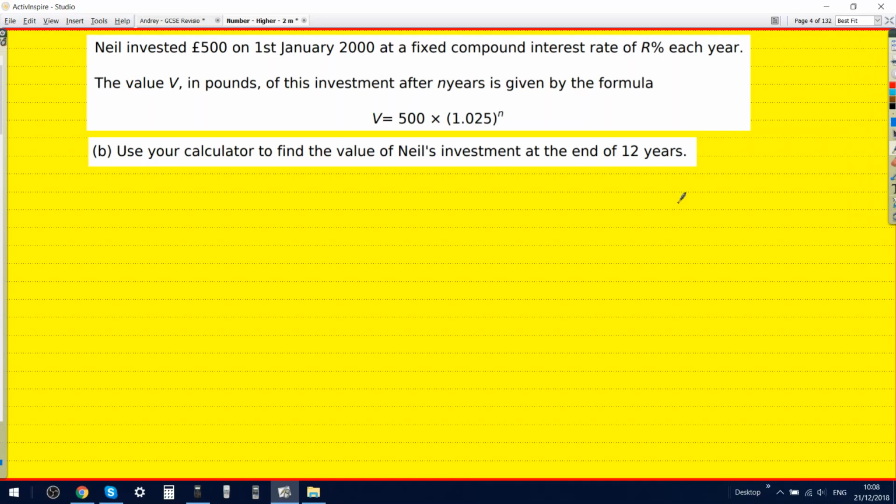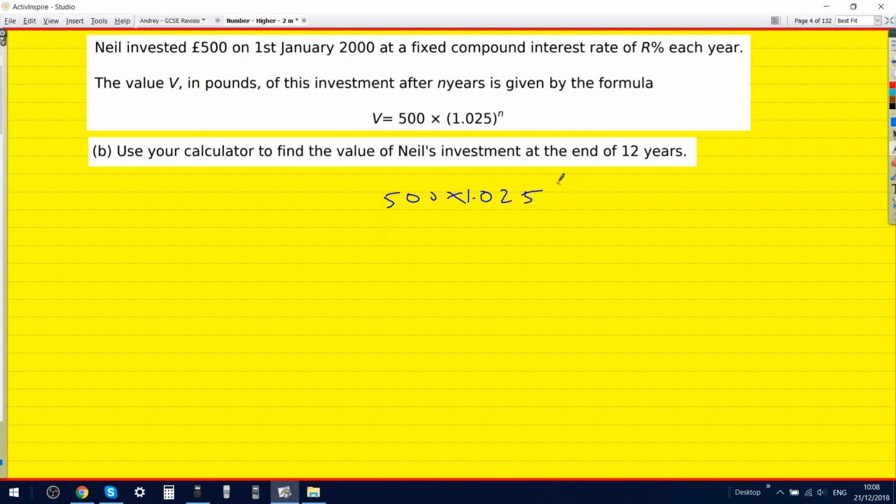What would you put into your calculator for this one? So do you just need to do 500 times 1.025 to the power of 12?